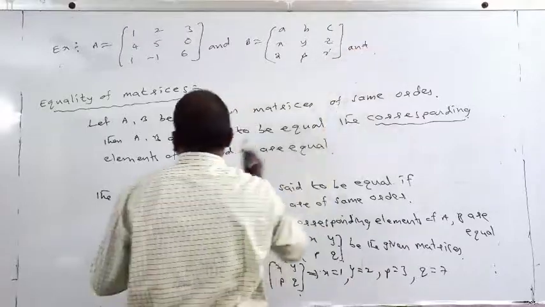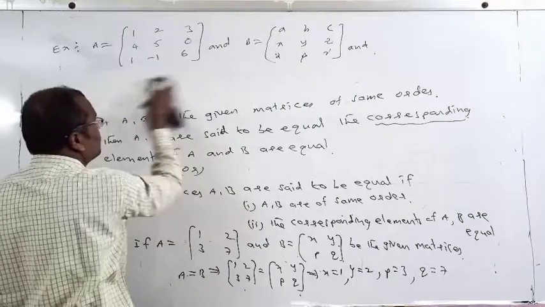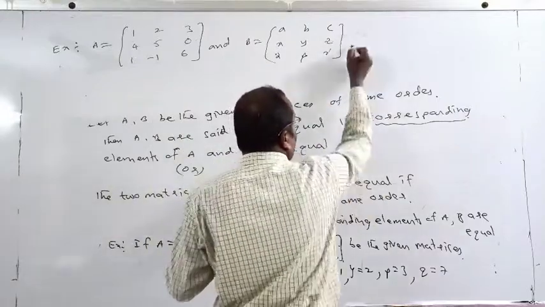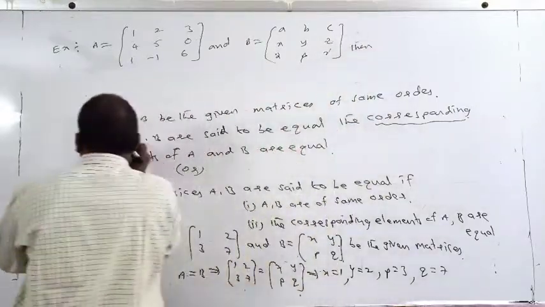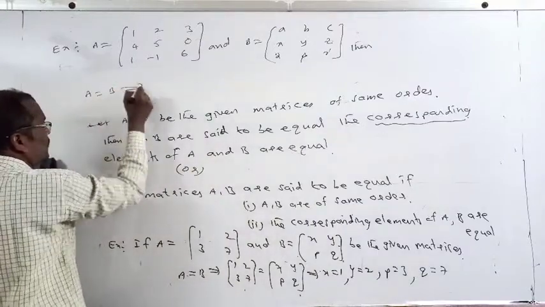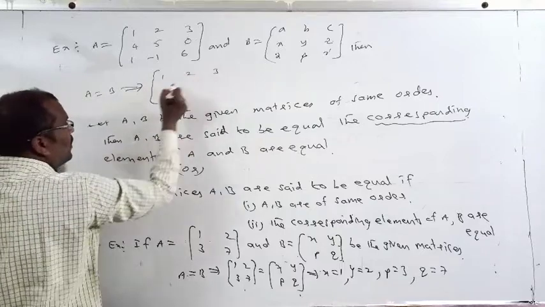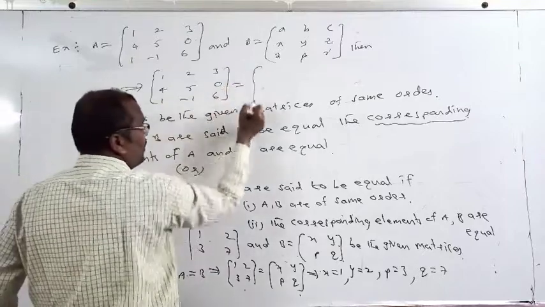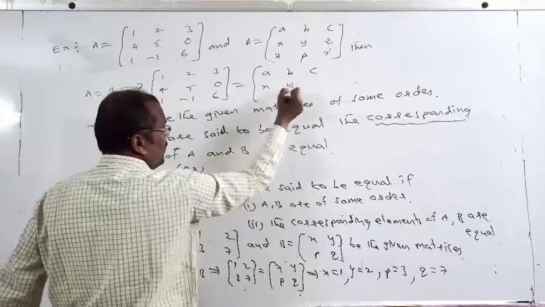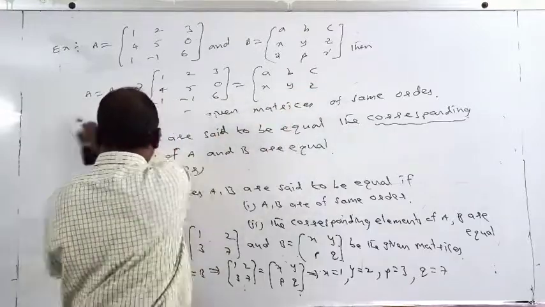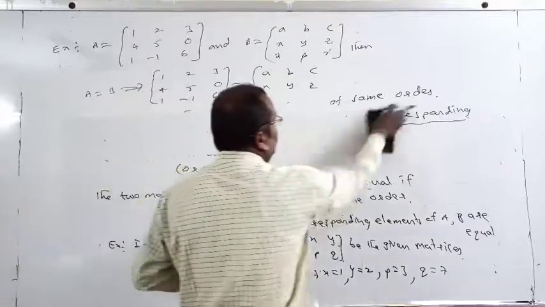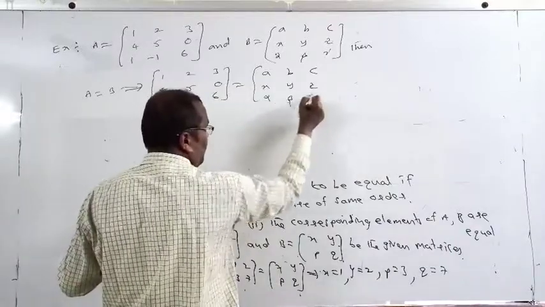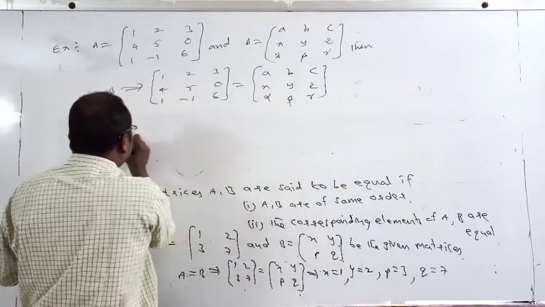And A equal to B implies that 1, 2, 3, 4, 5, 0, 1, minus 1, 6 is the same as A, B, C, X, Y, Z, alpha, beta, gamma.